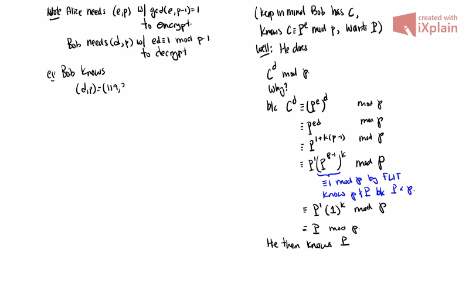So Bob knows 119, 3001, corresponding to that 479, 3001. The connection between all these is not going to be obvious: 479 times 119 is congruent to 1 mod 3000.